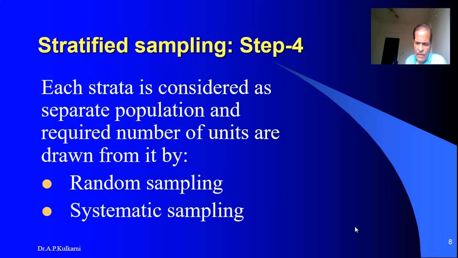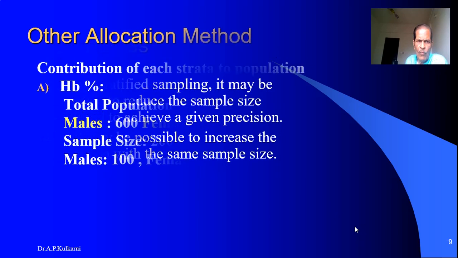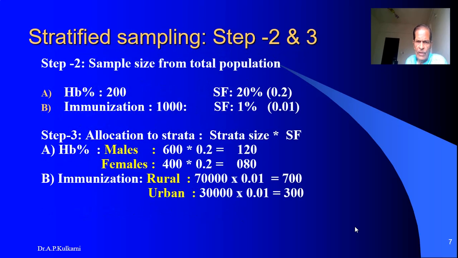Similarly, in the example of immunization, we draw the requisite number, that is 700 individuals from the rural population of 70,000, either by simple random sampling or by systematic sampling. In case of urban, 30,000 individuals are there.